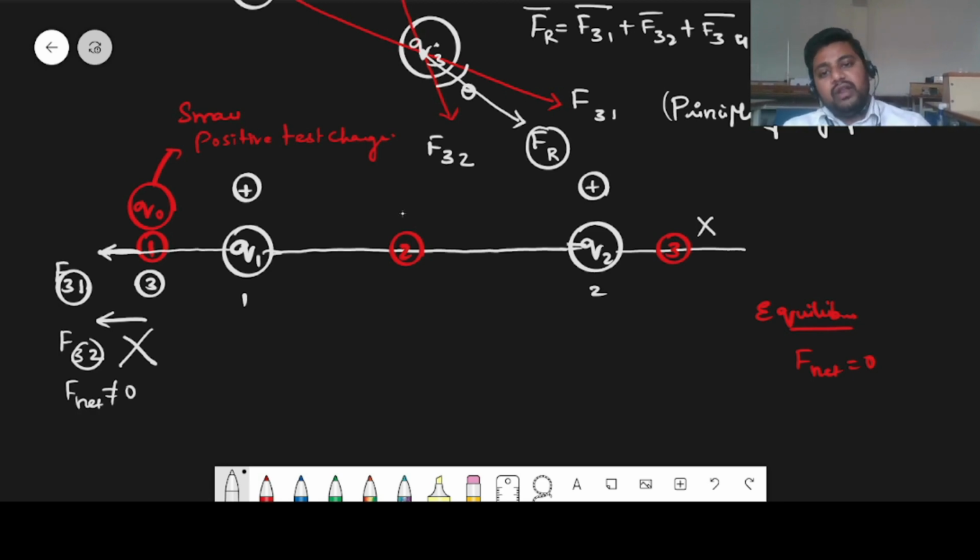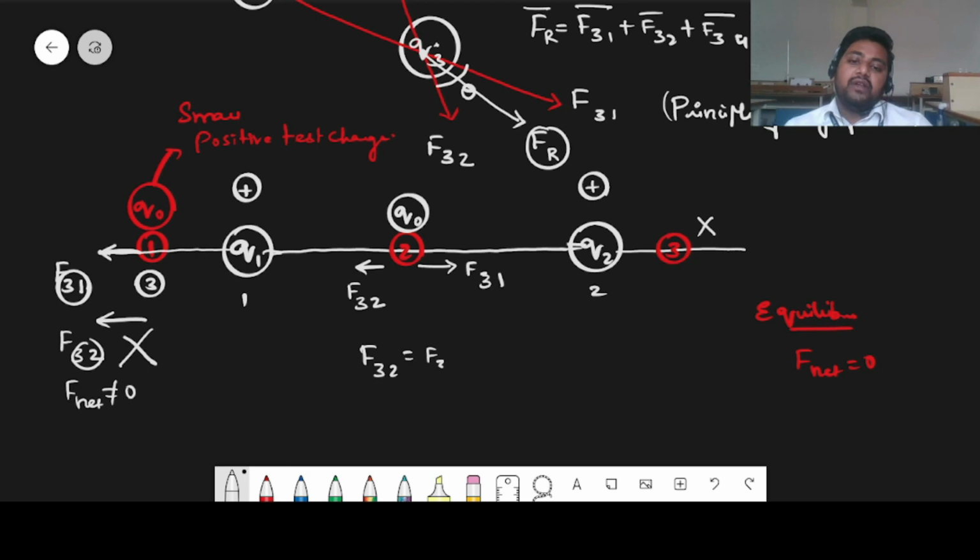So if a Q naught charge is kept here, due to this Q1, F31 will be acting in this direction. In this direction, F32 will be acting. If F32 is equal to F31, precisely the magnitude I am talking about, then charge 3 will be in equilibrium.